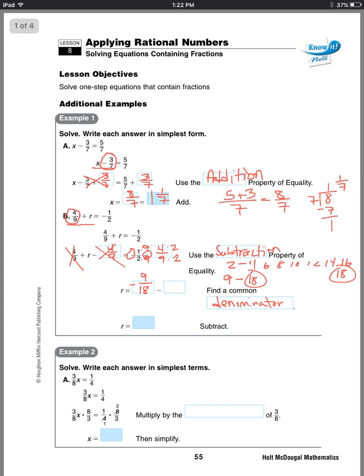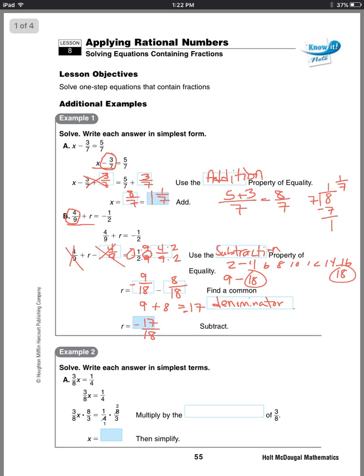So minus 4 times 2 is 8, 9 times 2 is 18. So it's not 9 minus 8, it's negative 9 minus 8. So we take the absolute value of both, which is 9 and 8, and add them together and get 17, and then remember our sign. So we have negative 17 over 18. Okay.